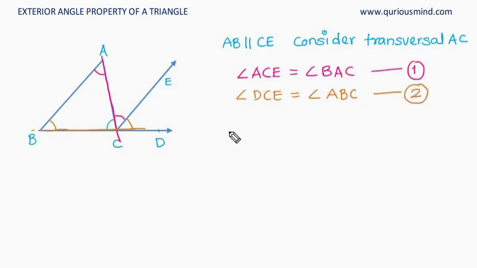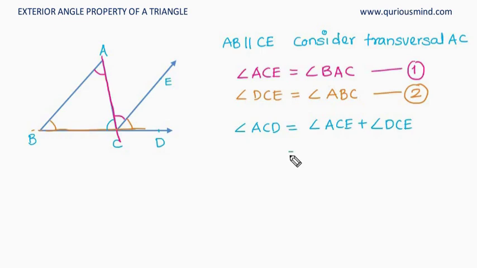So now from here, what we can see is angle ACD, which is the exterior angle, is equal to angle ACE plus angle DCE, because these two adjacent angles add up to give ACD.